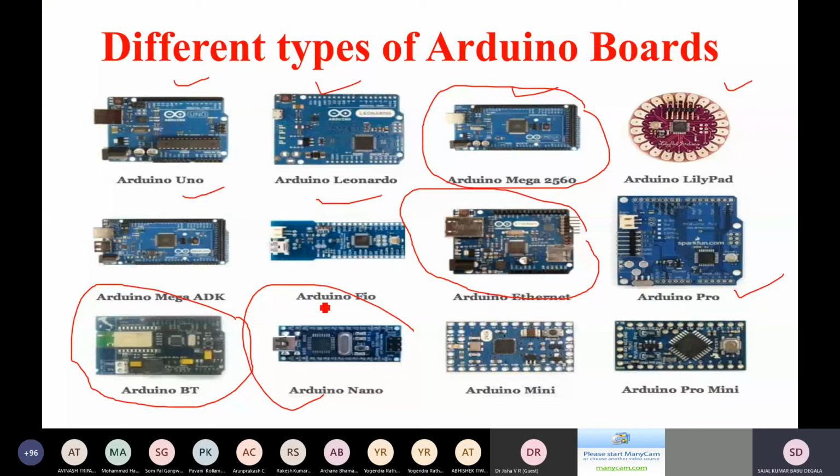But I want to suggest something, because I have done many prototypes with these Arduino boards. Whenever you are going to purchase the Nano, the very small board, try to purchase the original. You can get a Chinese version of each of these boards, while the original version is from Italy.